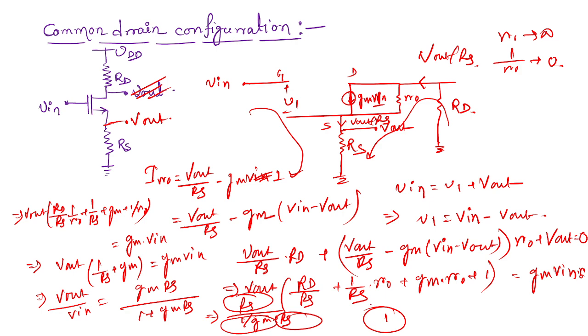You can also see intuitively, if you increase this voltage, VGS increases, which will increase the current. So this terminal voltage also increases, which decreases overall VGS, so it makes the current constant. So that's the use of the resistance RS here. It provides stability, a negative feedback in the circuit.